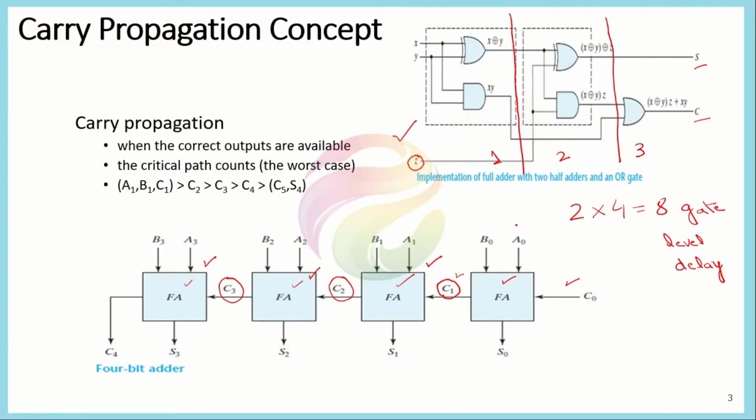We have assumed that when the first level is performed, all these additions are available. So it means that the total delay for calculating the sum would be 8 plus 1, means 9 gate level delay would be required for this 4-bit adder to perform its addition process.